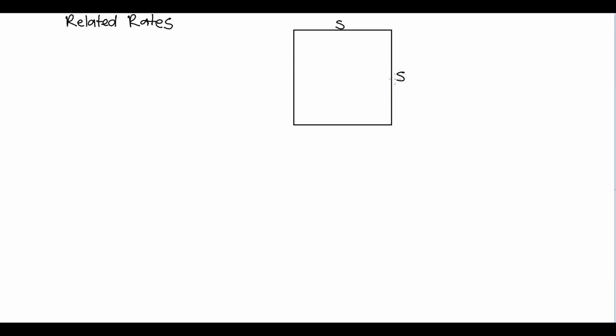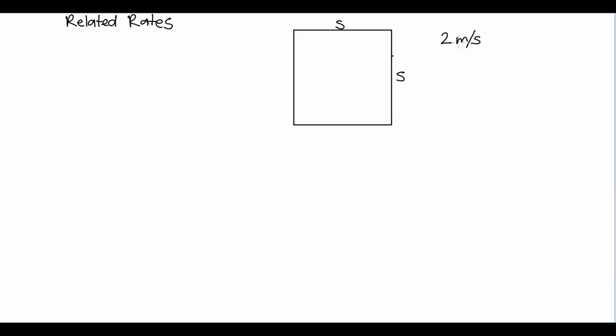So the rate at which the square is increasing, okay, the side length is increasing at a rate of 2 meters per second. So both of the sides are increasing at 2 meters per second.